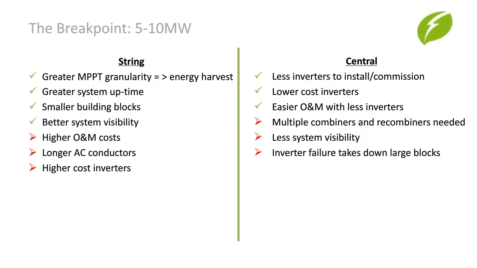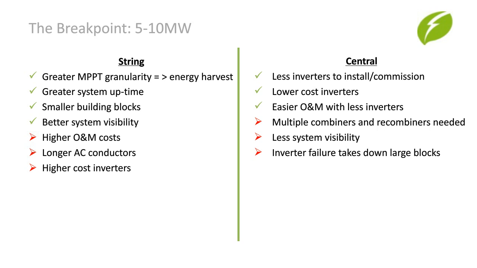All right, here's what we heard. The common pros and cons from installers, developers, and site owners as to why they chose string or central for their sites. If we were to find a way to bring string inverters to that greater than 5 to 10 megawatt space, we needed to solve some of these real concerns. All the positives are displayed in the green check marks and the negatives with the red arrows.